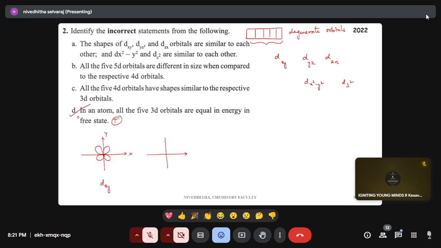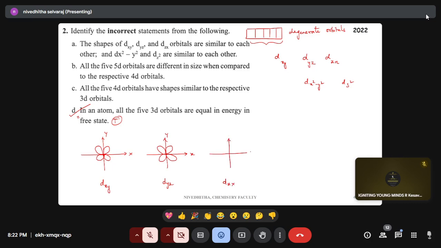Now I'm going to write the structure of dyz. This is the y-axis and this is the z-axis. The electron density, or the lobe, is present between the axes. And this is the structure of dzx.